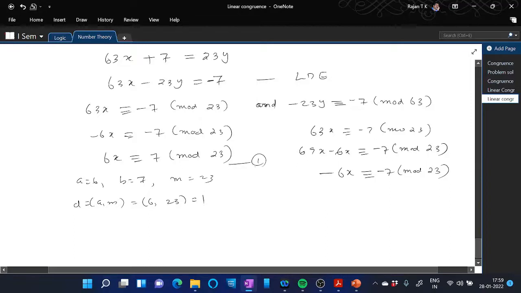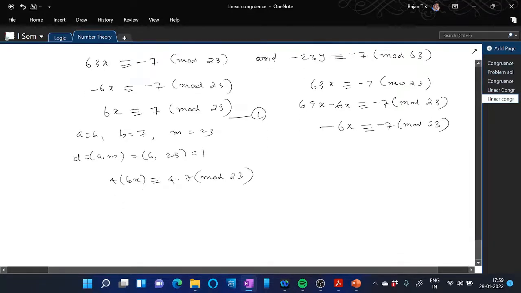Multiplying both sides by 4, 4 into 6x is congruent to 4 into 7 mod 23. That is 24x congruent to 28 mod 23.